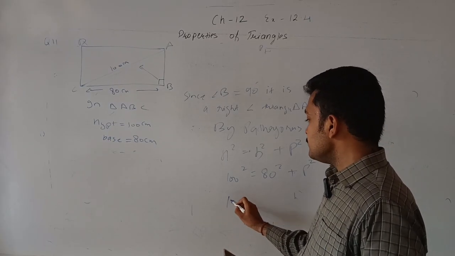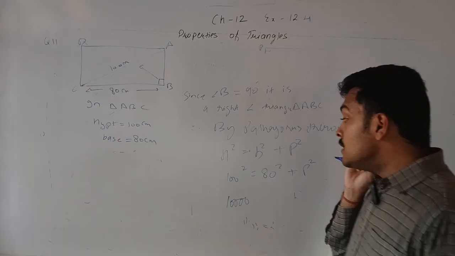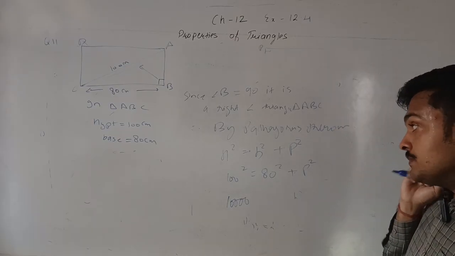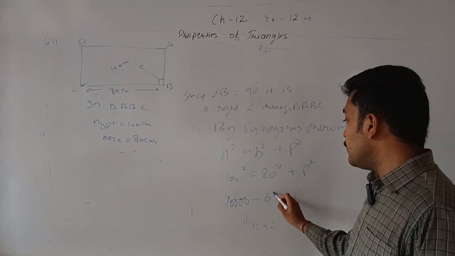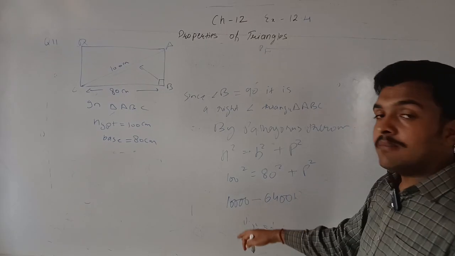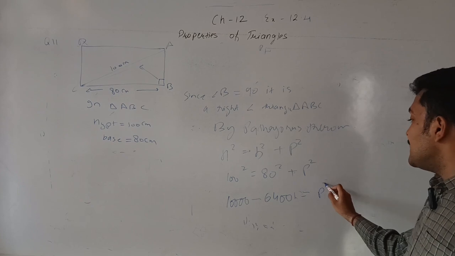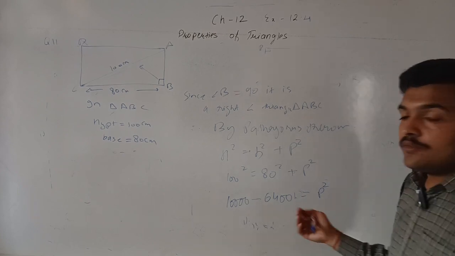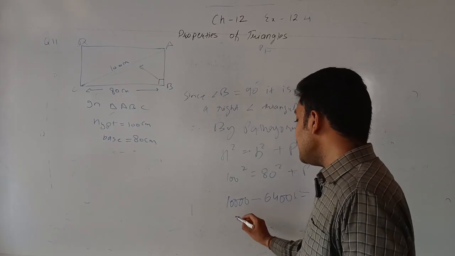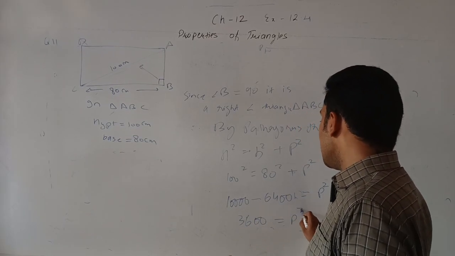So 100 squared is 10,000, minus 80 squared, which is 6,400. So 10,000 minus 6,400 is 3,600, equal to P squared.